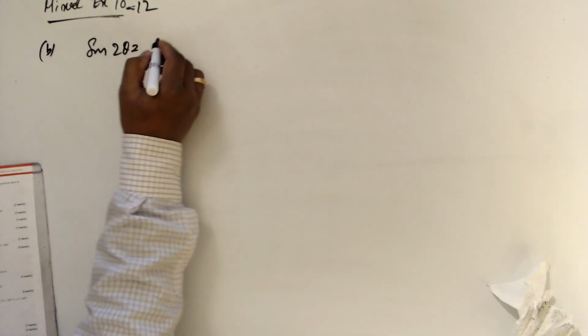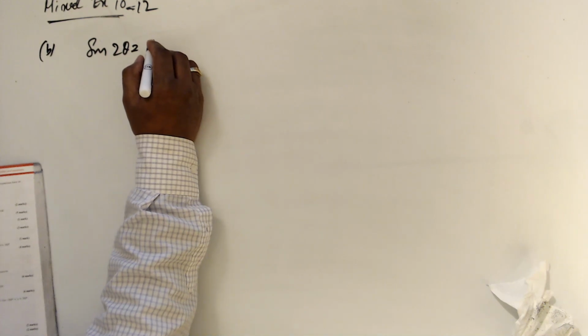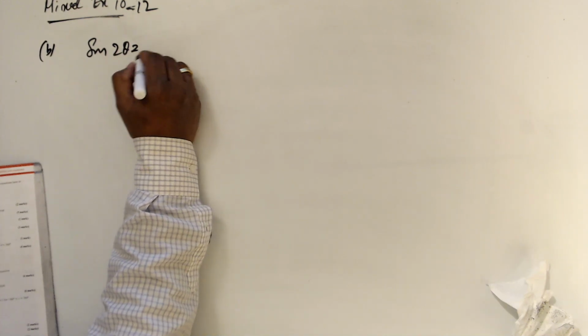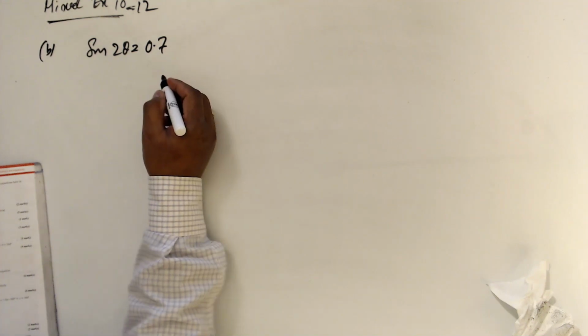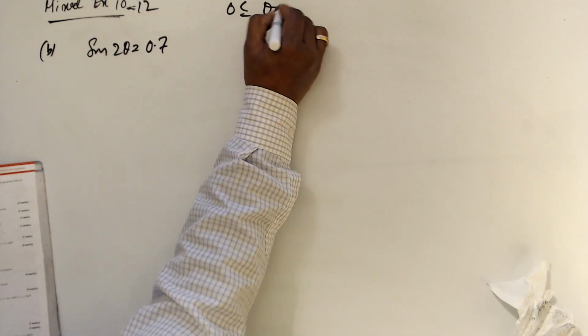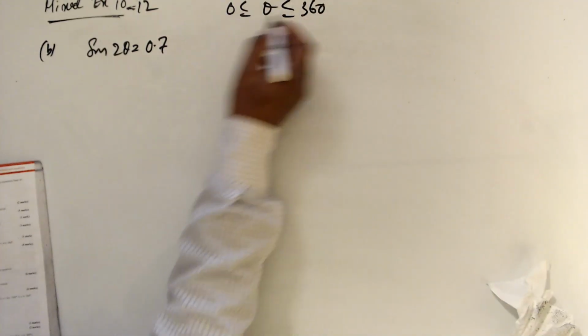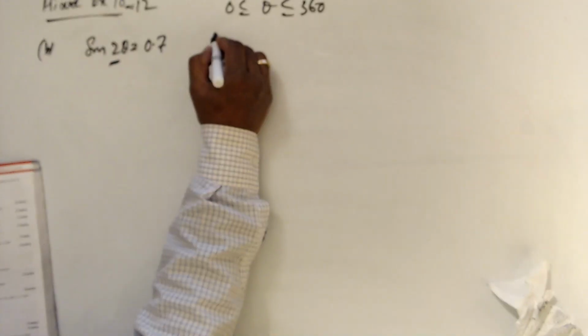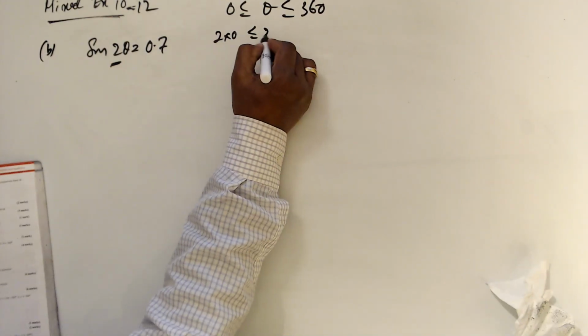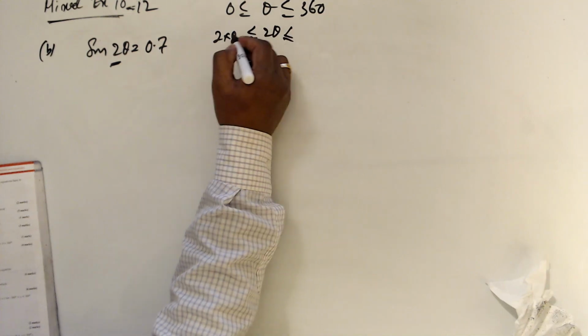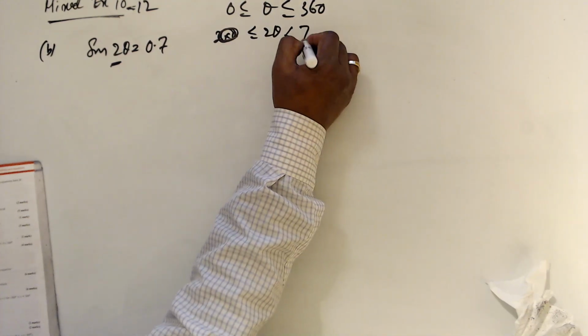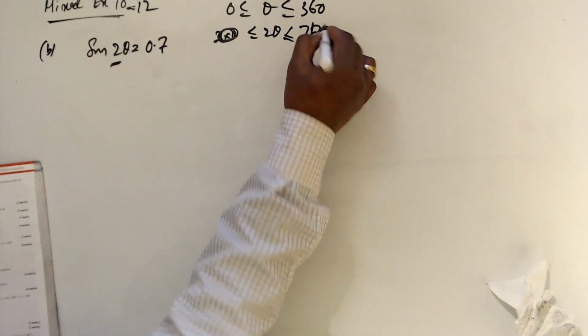Sine 2 theta equals 0.7, with 0 less than theta less than 360. So 2 times that, 0 to 720.